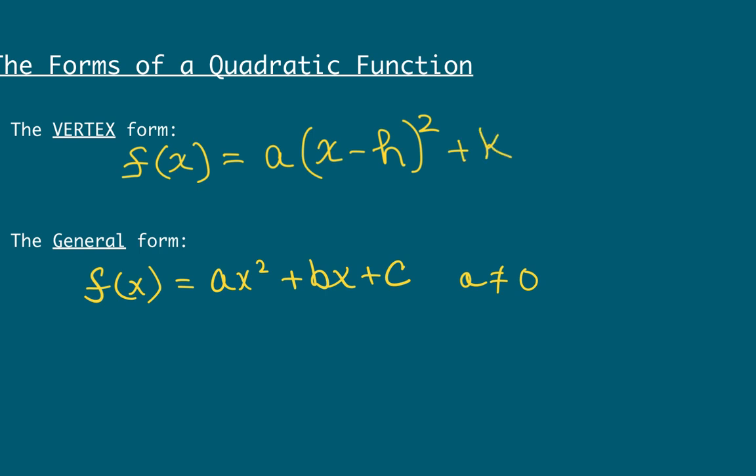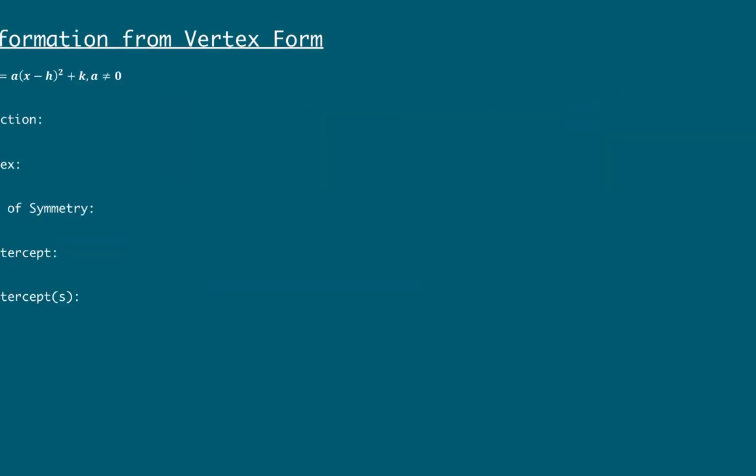In this form, we can pull our vertex out of the equation because h and k represent the vertex. I'm going to talk more about that in just a minute, where a is not equal to 0. So let's take a closer look at each form and see how we can get the key components of the parabola out of each form of the equation.